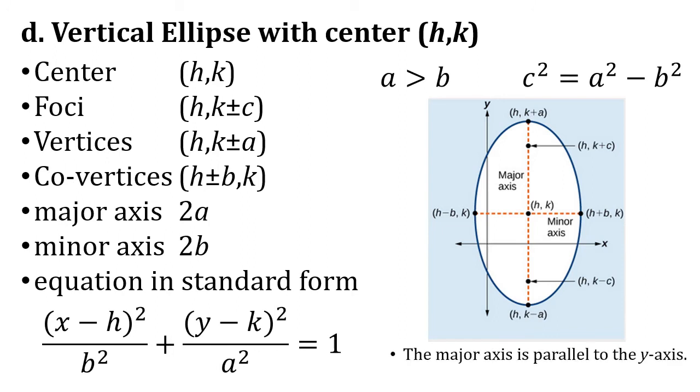Take note that the major axis is sometimes parallel to the y-axis and the minor axis is sometimes parallel to the x-axis. Okay? But if h and k are not 0, or there's no 0 in h and k, definitely the major and the minor axis will be parallel to the y and the x-axis respectively.